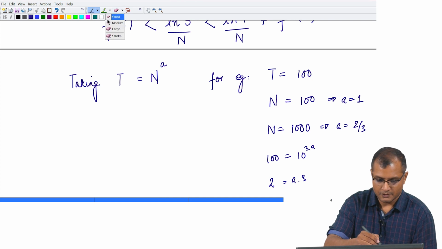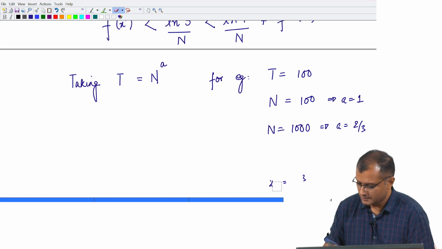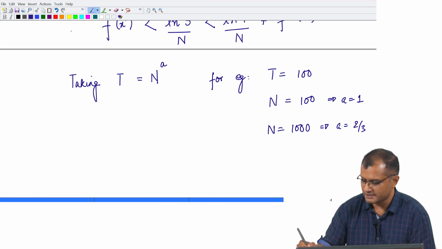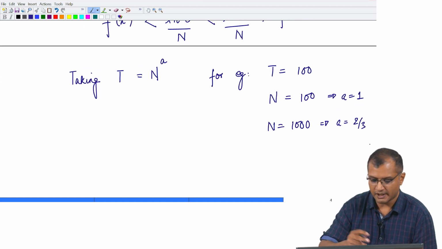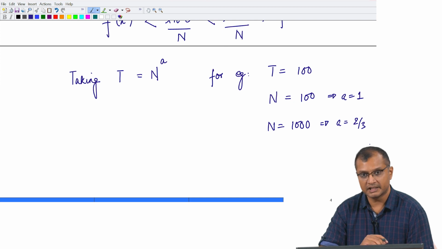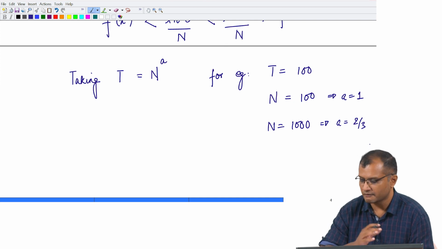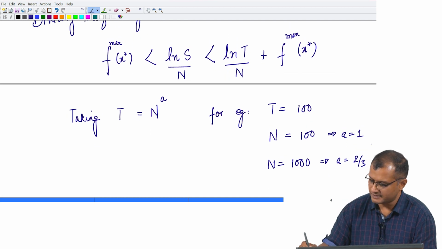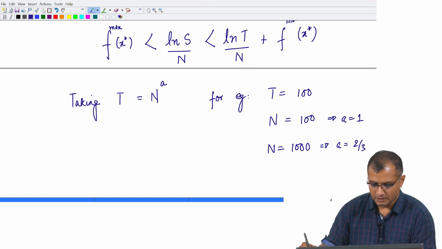So, this way you can take any n and always find that you can raise n to some power and get the number of terms that are required roughly to an order. Okay. So, then I can always write down my inequality that is written above.